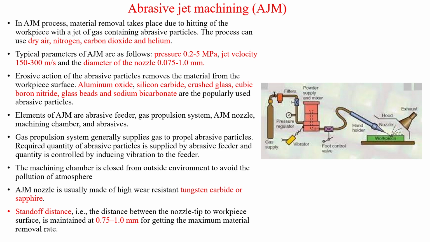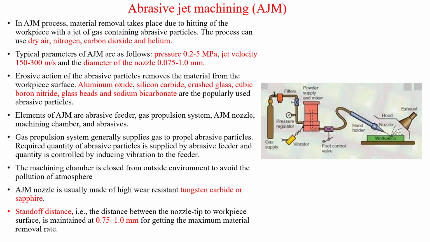Now you are applying the abrasive through a nozzle, through a proper flow system, to a workpiece. You are hitting the workpiece not with a tool but with a high velocity abrasive. Abrasives are very sharp in nature, so when you hit the workpiece with abrasive at a very high velocity, it will lead to machining of the workpiece. There will be a high MRR. This is basically the process.